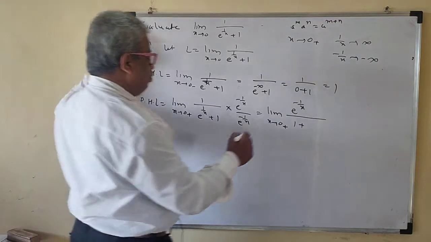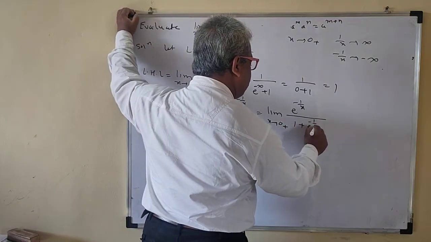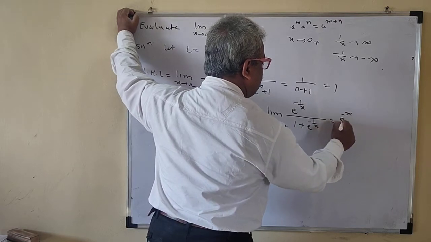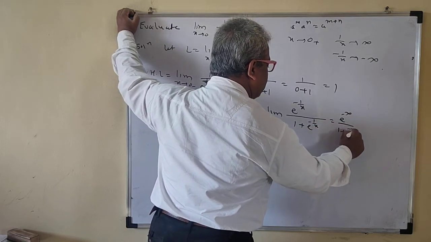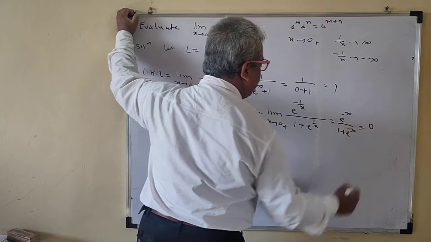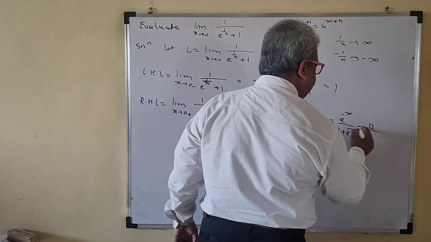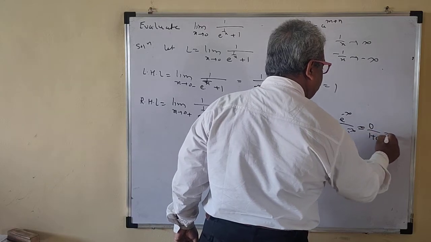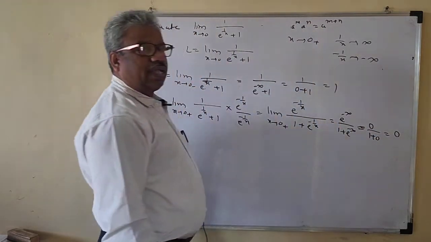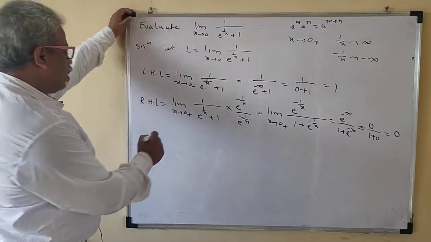So this is 1 plus e raised to minus 1 by x, which is e raised to minus infinity upon 1 plus e raised to minus infinity. So e raised to minus infinity is 0, so directly we can write this is 0. Okay.